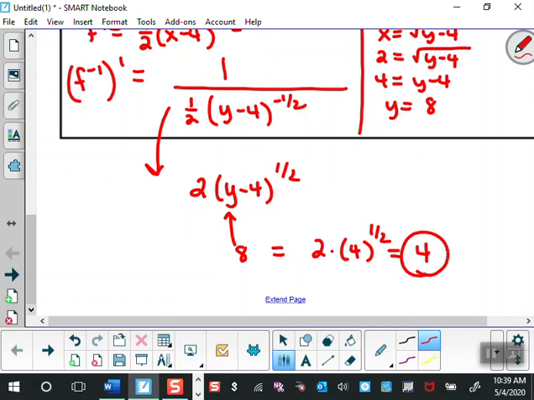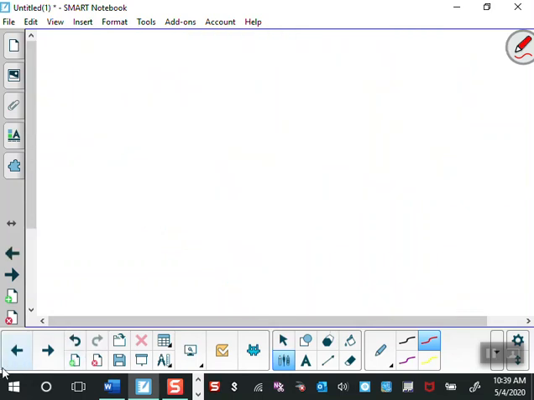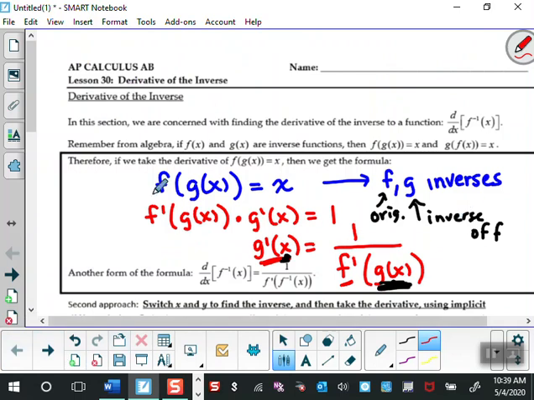It turns out to be 4. I'm doing this quickly because I know you can stop it and you can go back. Let me go read back and do that.